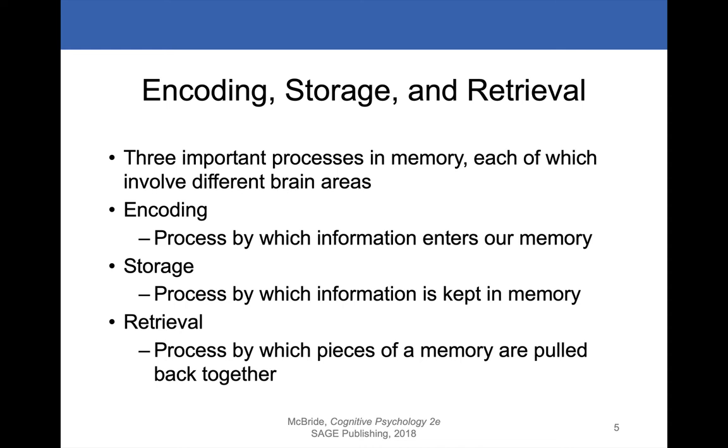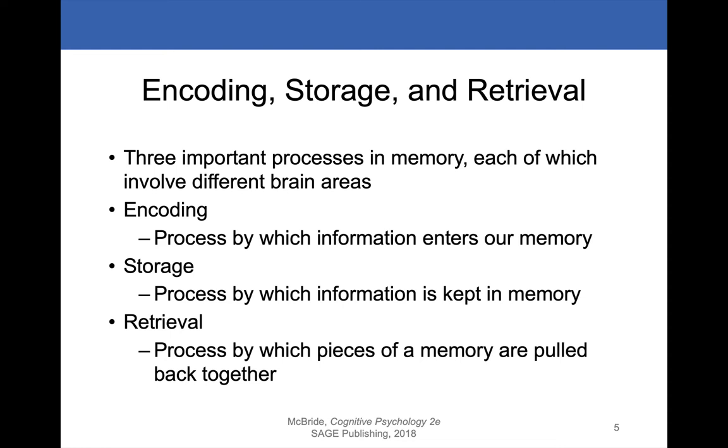There are three important processes in memory, three big ones that have been studied forever. Not only are they different processes for achieving different things, but another really cool thing about these three processes is that we can actually localize, to a certain extent, each of these processes to different parts of the brain.